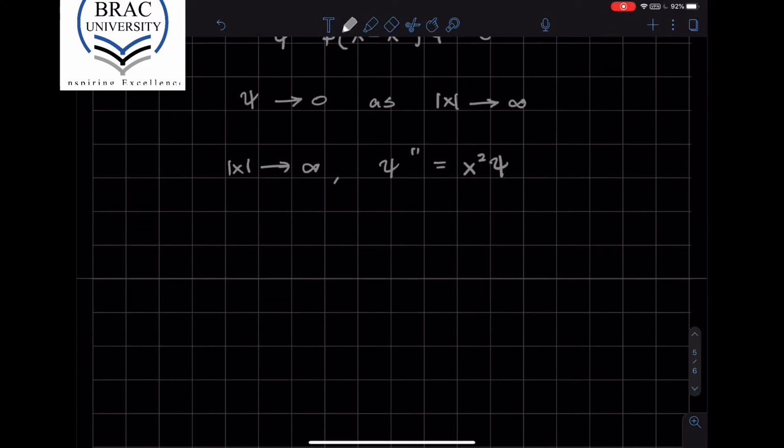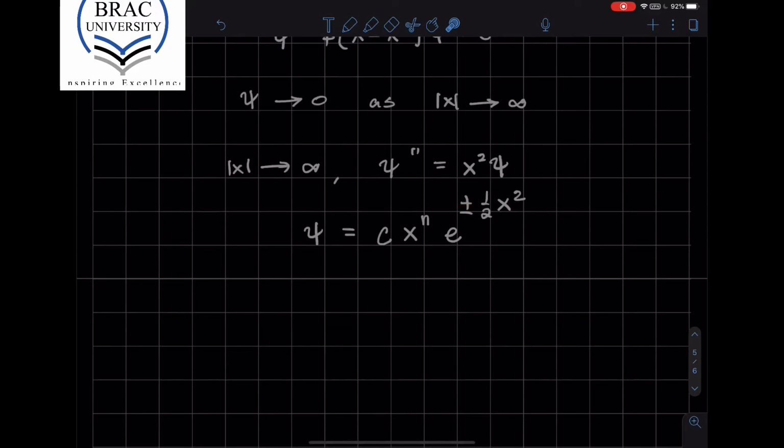Now it's easy to verify that psi equal to some constant times x to the power n, where n is some integer, and e to the power plus or minus half of x squared, is an asymptotic solution to this asymptotic equation. Of course, we're taking both plus sign and minus sign here.